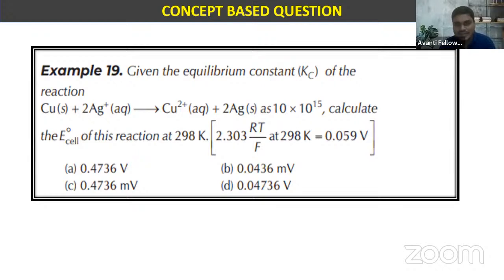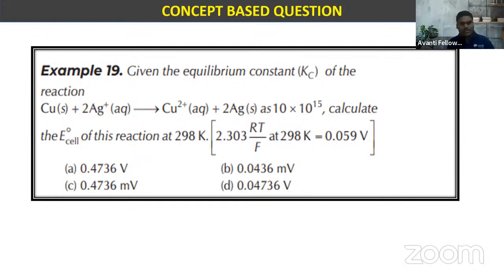That is the relationship between the equilibrium constant and the Gibbs free energy, because the equilibrium constant Kc is already given. You have to calculate the E naught cell of this reaction. And 2.303 RT upon F is already given as 0.0591. So you already know this thing, right?